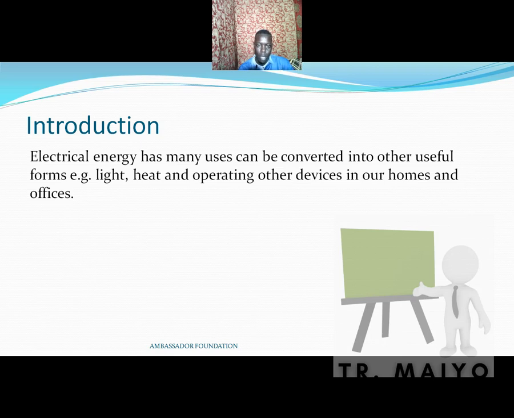You can cook using a heater simply because it can convert electrical energy to heat. I'm using my computer to present to you a lesson simply because the electrical energy in the wires can be converted to something useful. That is it.